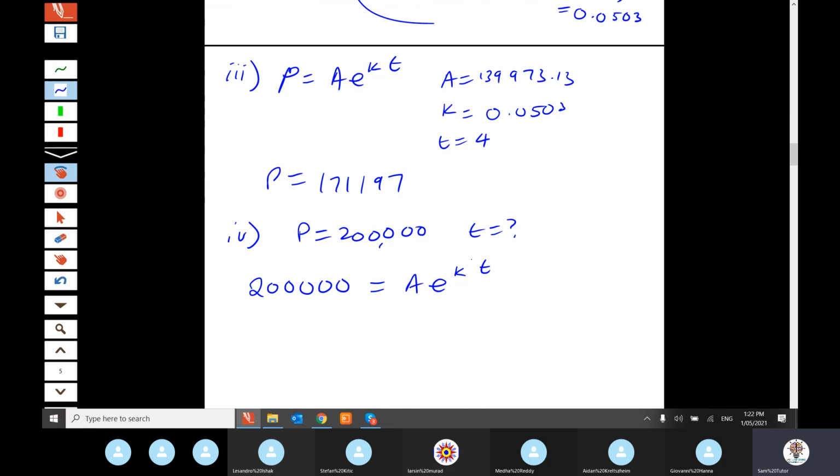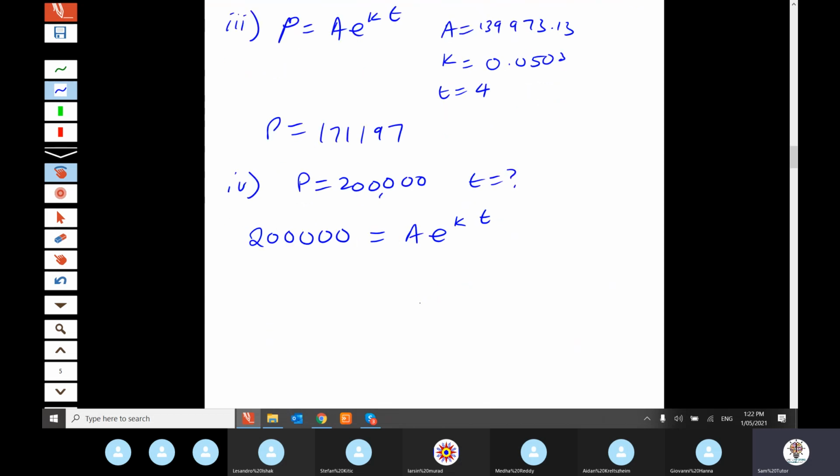We already have A and we already have K. So how do I get rid of A? Divide it over. So 200,000 divided by 139,973.13 gives me 1.43 equals e^(kT).